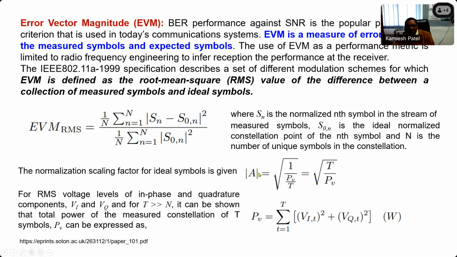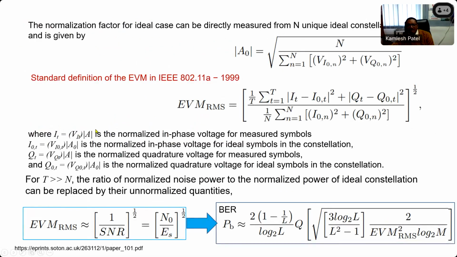There are some more equations defined, like the normalizing scaling factor. We also define one more parameter, the total power of the measured constellation of the symbols. So these are all technical terms, and I'm skipping a little quickly. So EVM RMS is a function of the signals as well as the difference between the in-phase and quadrature phase components.